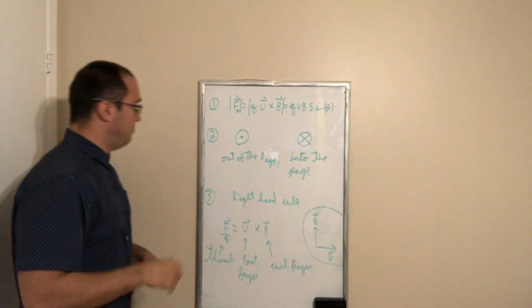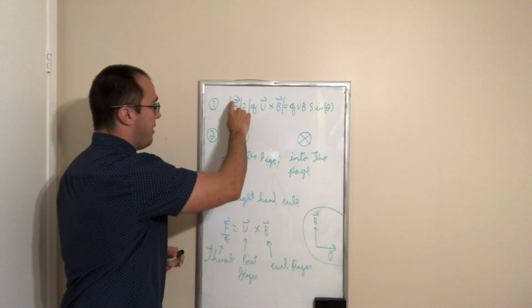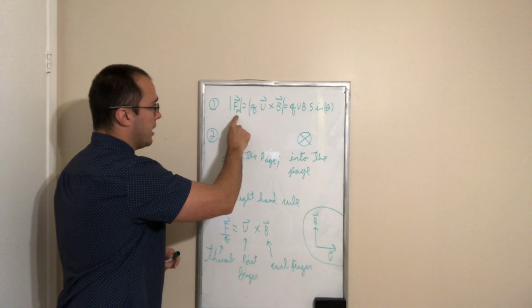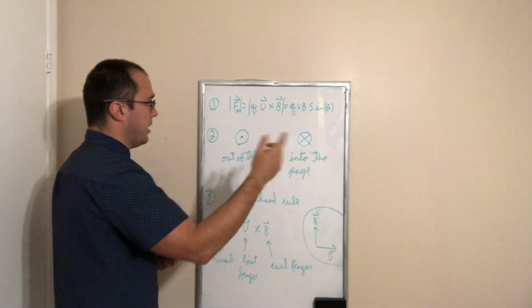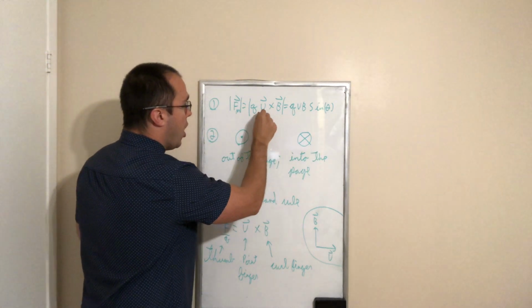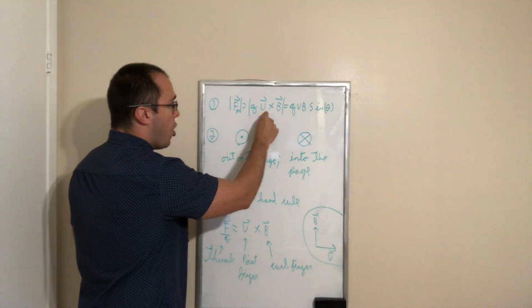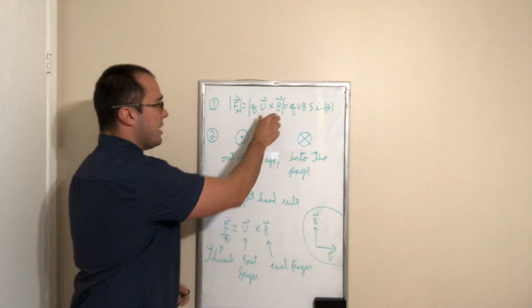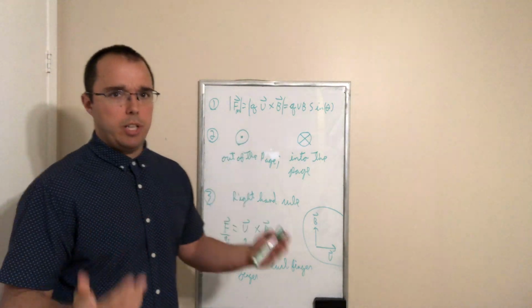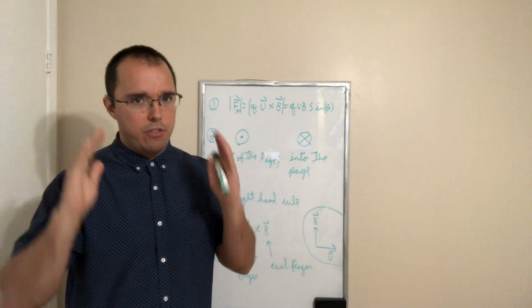So the magnetic force, F vector magnetic, is equal to the charge, so it has to be a moving charge against a magnetic field, multiplied by the velocity vector cross product the magnetic field vector. Now this term is a big computation, and I'm not going to have you do it.